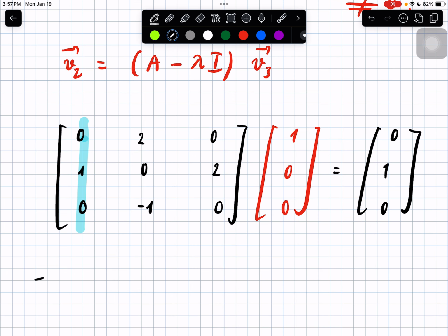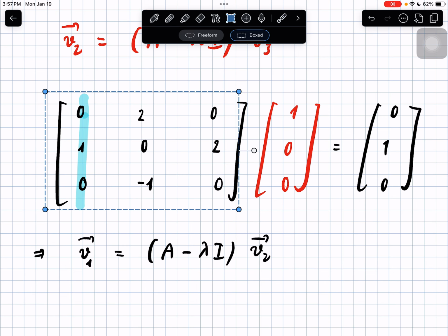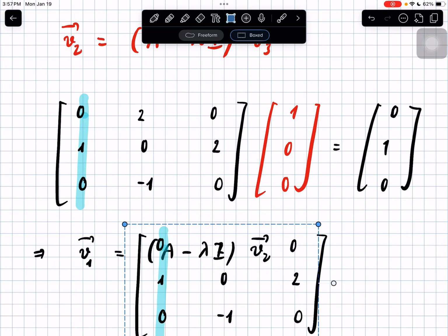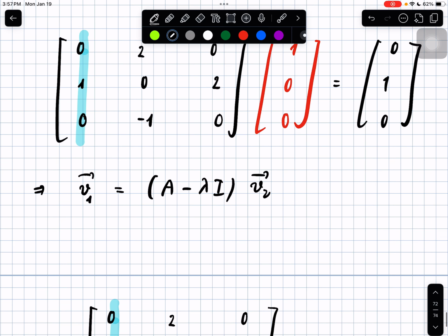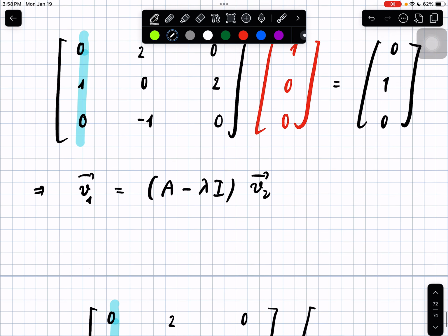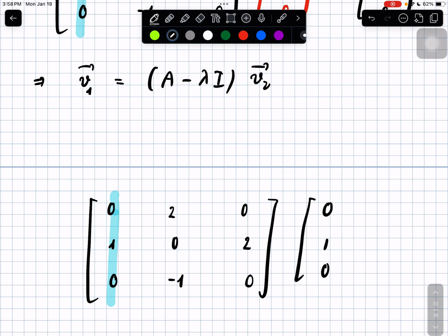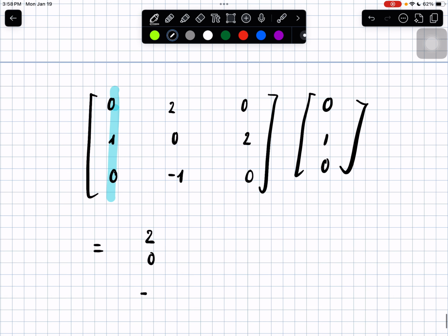Now v1 is A minus lambda I times v2. In this case, it gives the second column, (2, 0, minus 1).